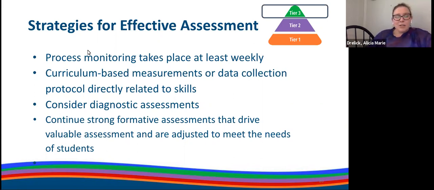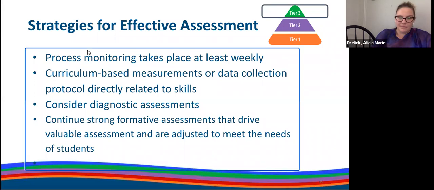Throughout our instruction, we want to refer to the data that we collect. And again, it's never one source of data in any of the tiers. We're always looking at multiple sources of data to help us make adjustments to respond to student needs. Remember, 5 to 6 points of data are really needed to help make an informed decision.